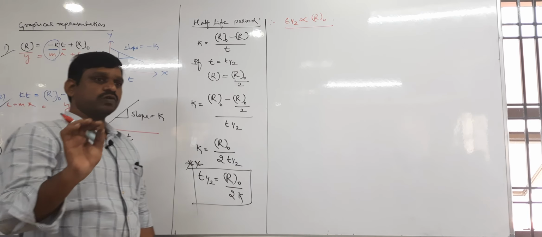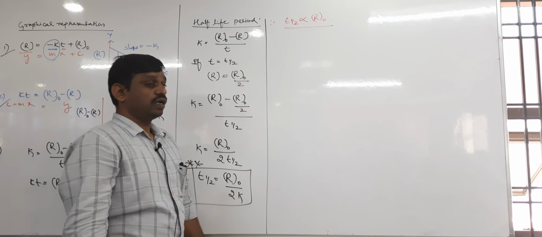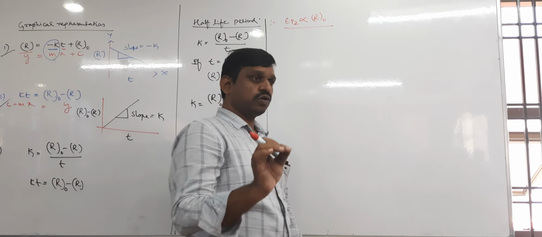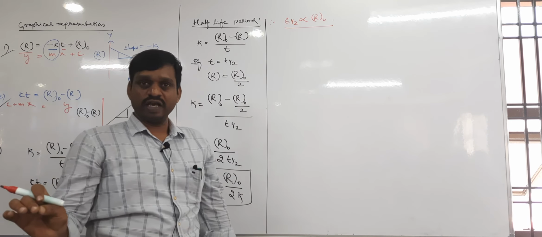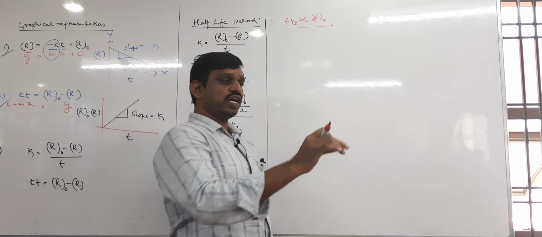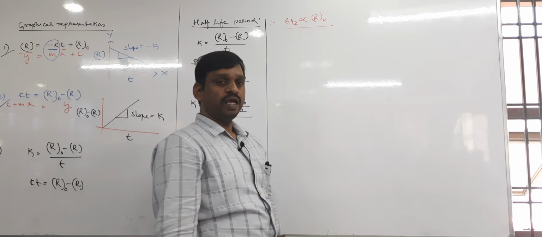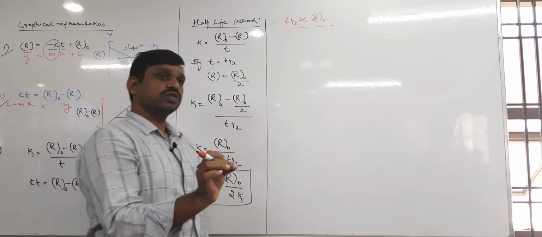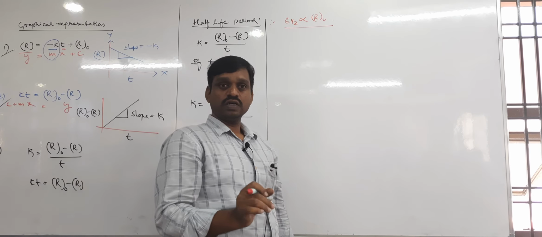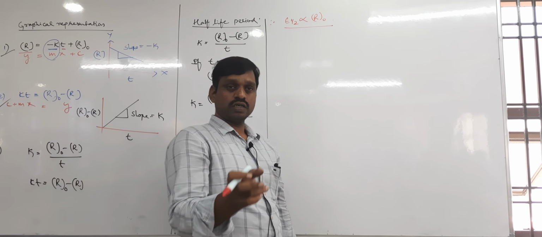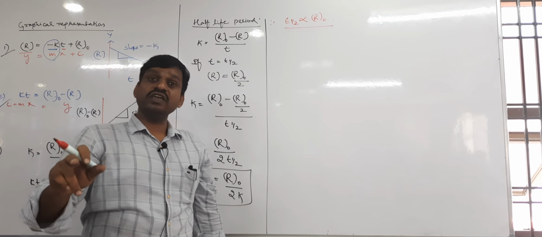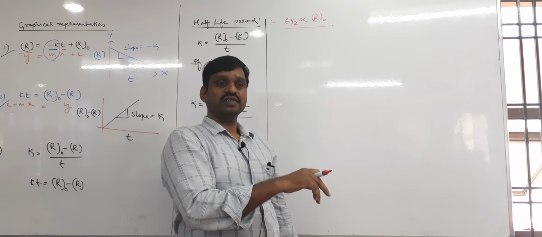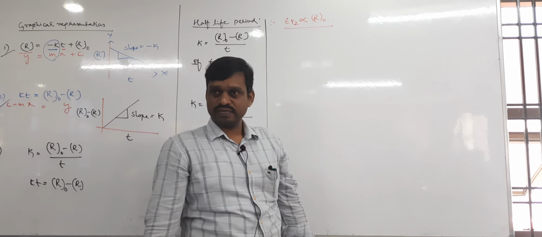Okay, now see, questions are like this. Since T half is directly proportional to initial concentration, the question is like this: for a hypothetical reaction A gives rise to B, T half is 50 minutes. When the concentration is doubled, T half also doubles. What is the order of reaction?